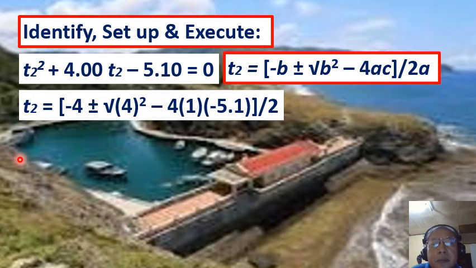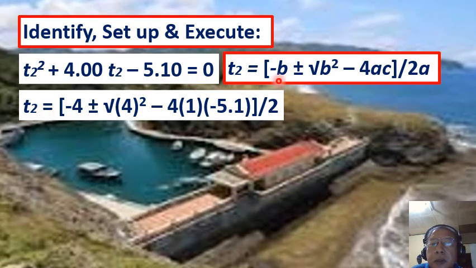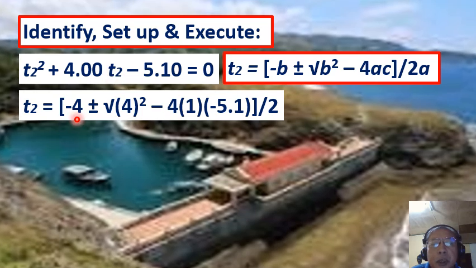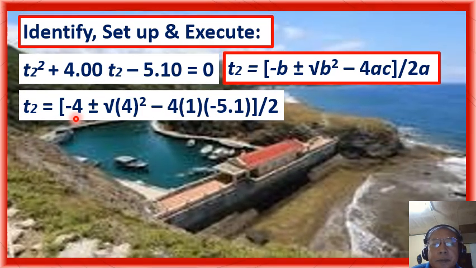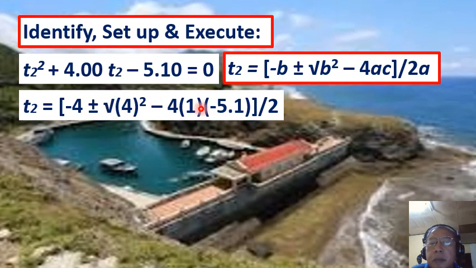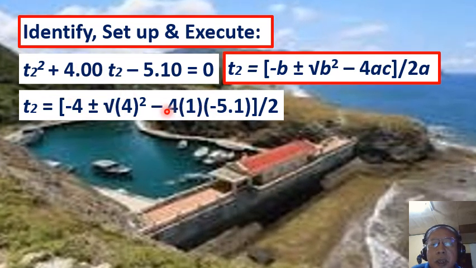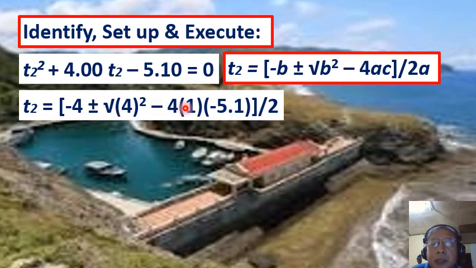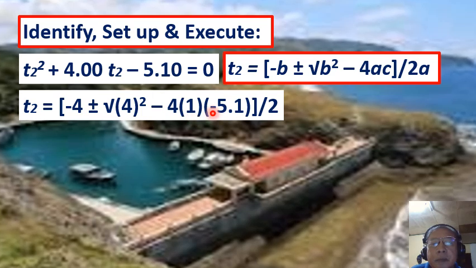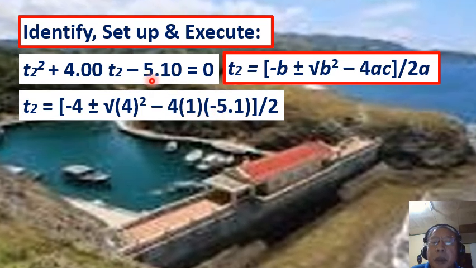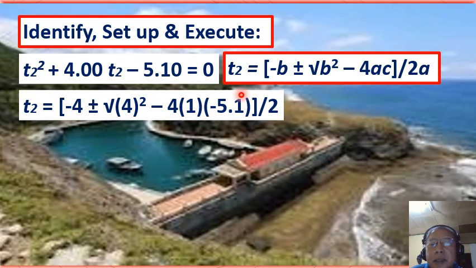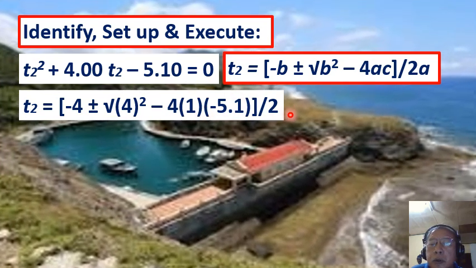That means T sub 2 is equal to negative of the coefficient of T sub 2, which is 4, and that must be negative. So plus minus square root of b squared, that means 4 squared, and then minus 4 times the coefficient of t sub 2 squared, which is 1, multiplied by the constant negative 5.10. All right? Then all over 2 times 1 or 2.